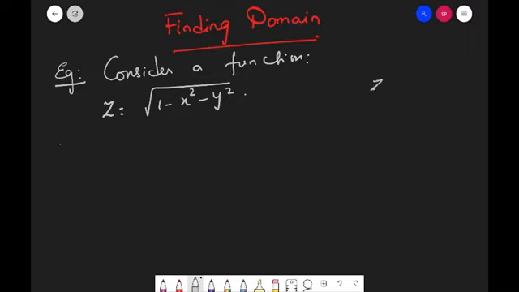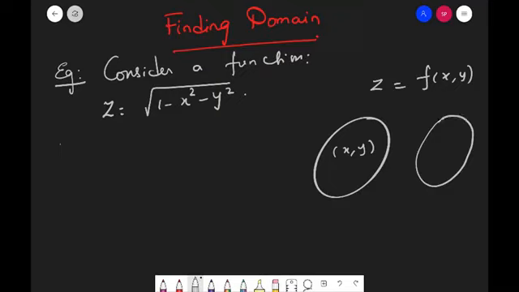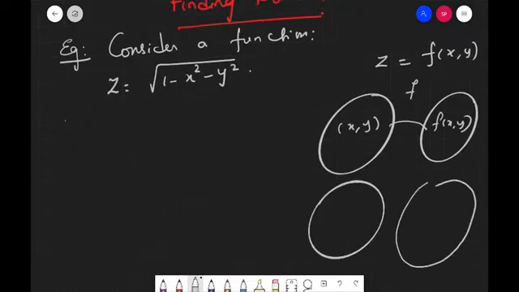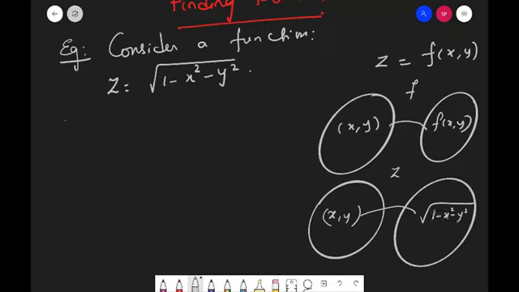You can compare it with z equal to f of x, y, and we know that each x, y is related to f of x, y. Now for us, if this is a point x, y, then z is given by the square root of 1 minus x square minus y square.